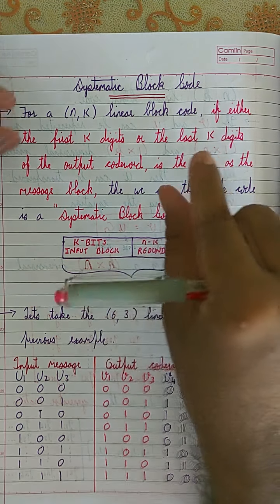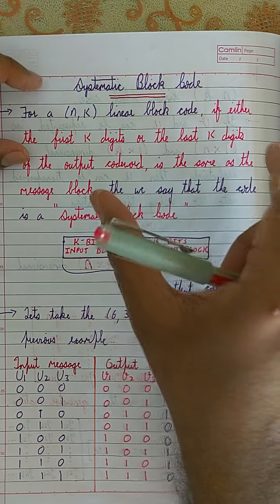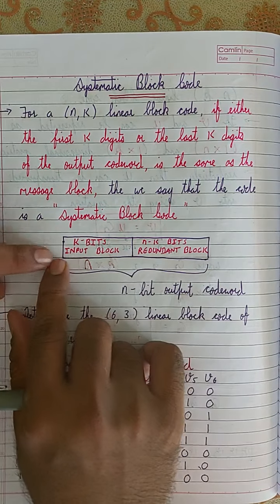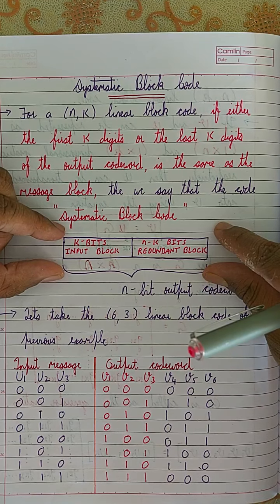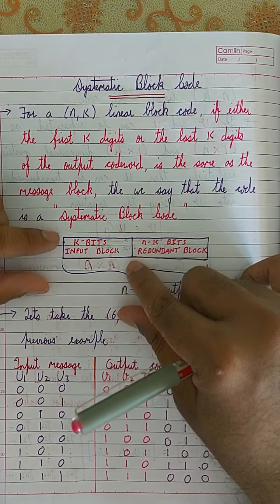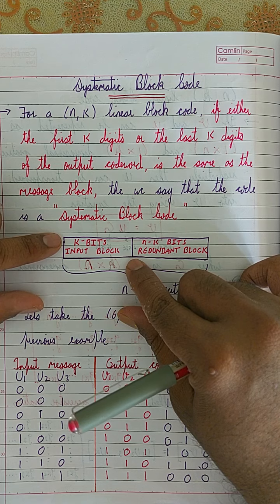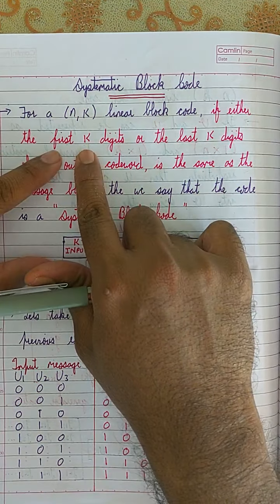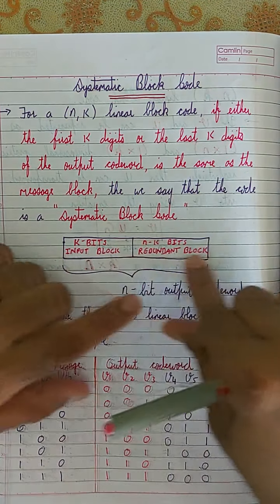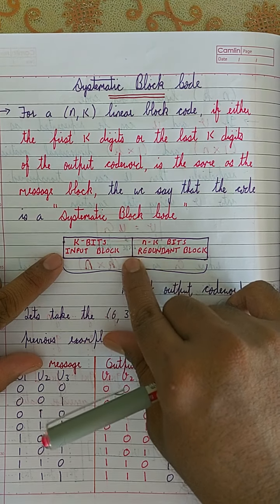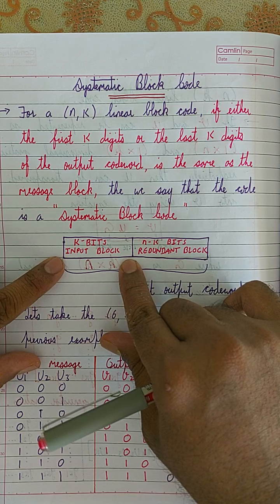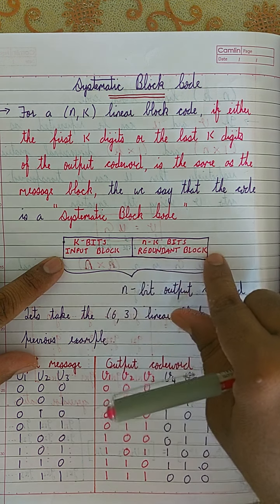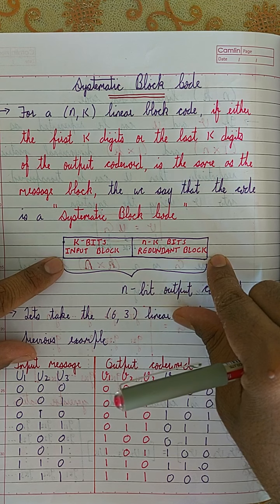We know that the value of n is greater than k. So assume that this is the n-bit code word. If the first part or the last part of the entire n-bit output code word is the same as the input message itself, then that code is what you call a systematic block code.